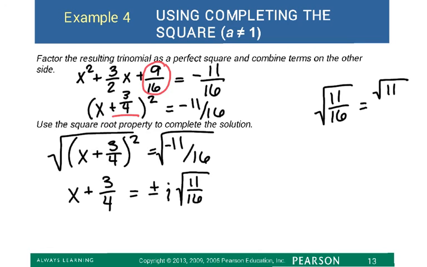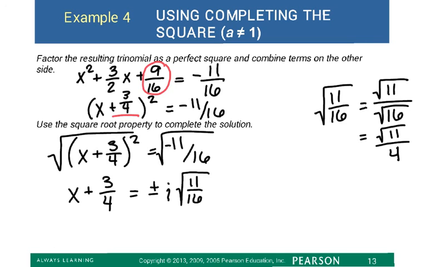Remember the property. We can just break it up like that. And the square root of 16 is 4, so it ends up being square root 11 over 4.